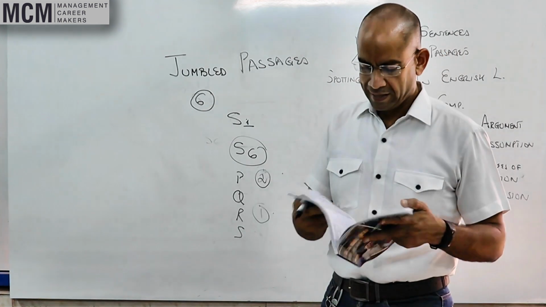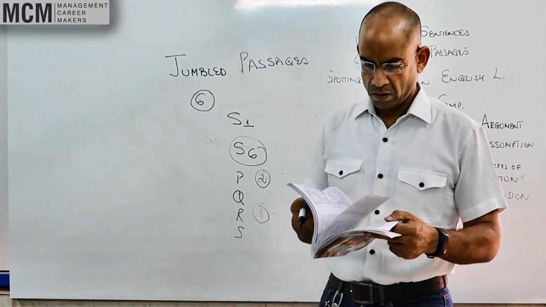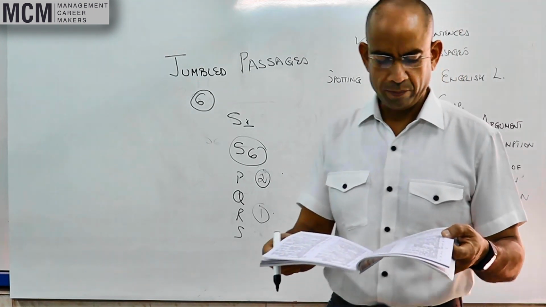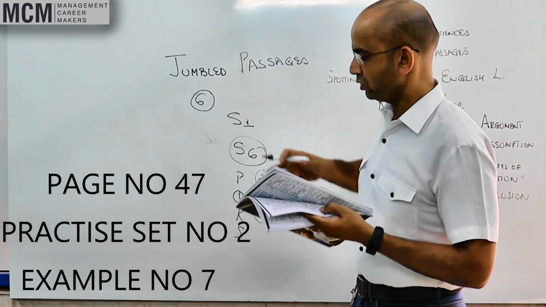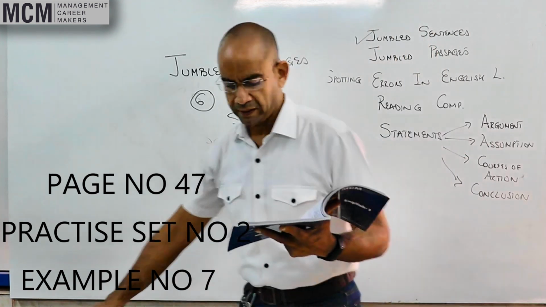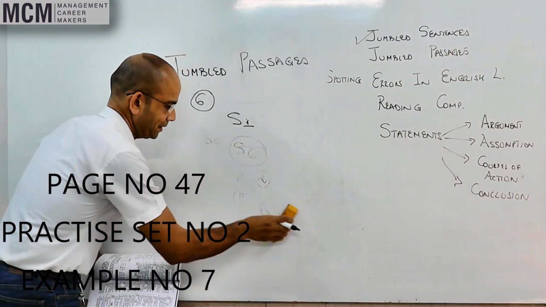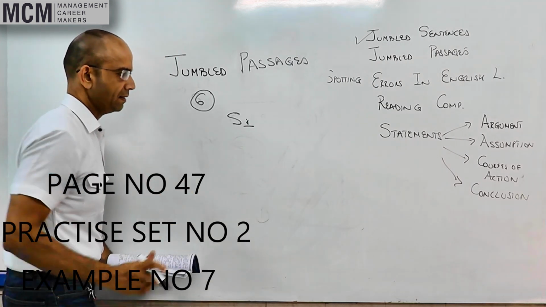Alright? Let's look at some more examples. Let's look at number 47. That's page number 47, practice set 2. Again, we start off with S1 and S6. In this example, it's placed a little differently, but essentially the flow of how it needs to be solved remains the same.